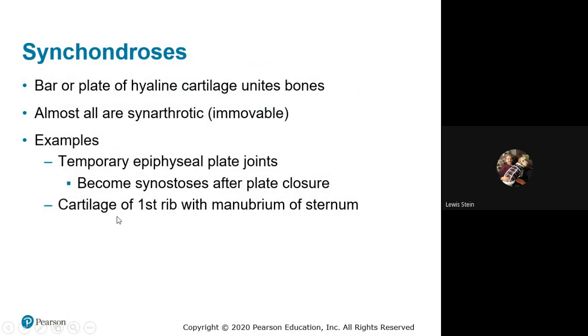Okay, the cartilage of the first rib with the manubrium of the sternum. That's really important because that's that part here. All you do is palpate your sternum. Go either side, you'll feel a big bump. That is the area where you get something called the sternoclavicular joint, and immediately near that is where the rib attaches as well.